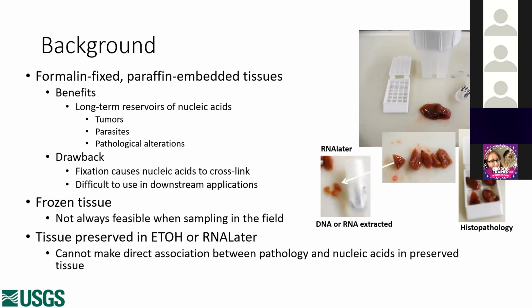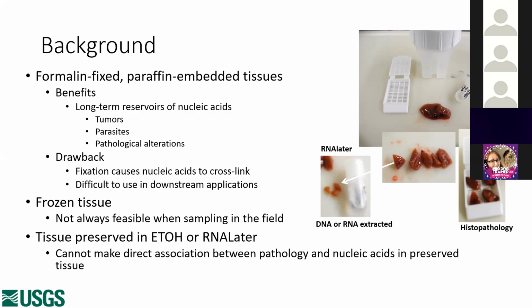And it's not always feasible to obtain frozen tissue, especially when you're field sampling, like 4 hours away from the lab, and it's hard to bring dry ice or liquid nitrogen with you. So although frozen tissue is the best for preserving nucleic acids, it's not always the easiest to do when you're out in the field.